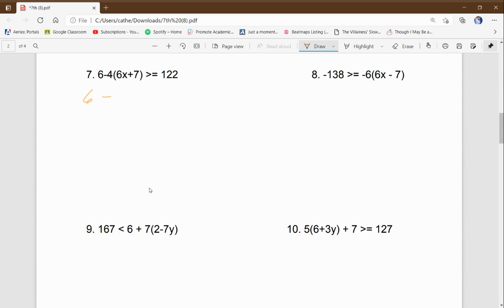Okay, 6 minus 24x minus 28 is greater than or equal to 122. Negative 22 minus 24x, starting with that. We'll add 22. So negative 24x is greater than or equal to 100. Divide that by negative 24, not just 24. 100 divided by 24.